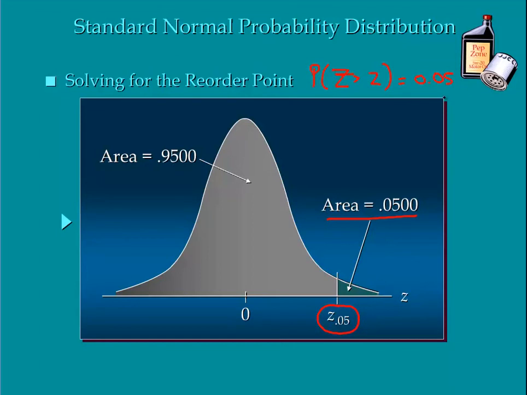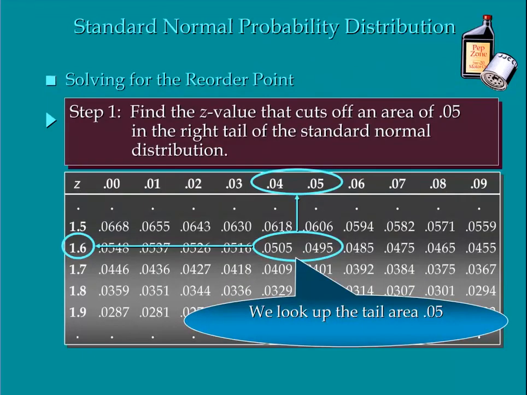So we're going to go back to the tables, and try to find the value that gets us as close as we can to 5%.